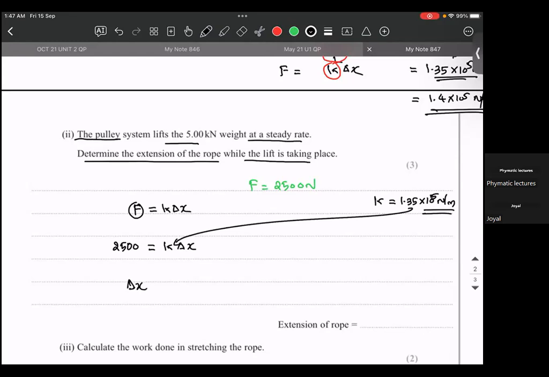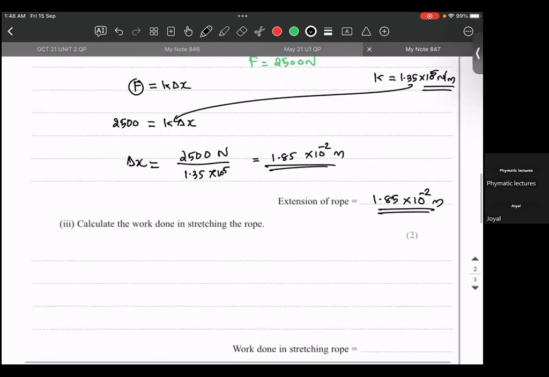So if you want to find the extension, 2,500 upon K value, 1.35 times 10 to the power of 5. If you substitute this, we will get 1.85 times 10 to the power of minus 2 meters. So that is the answer. So the extension of this is 1.85 times 10 to the power of minus 2 meters. Hope you got the idea about this.